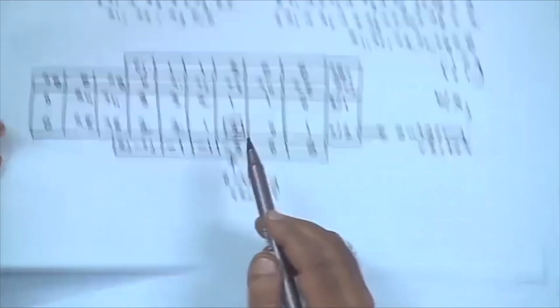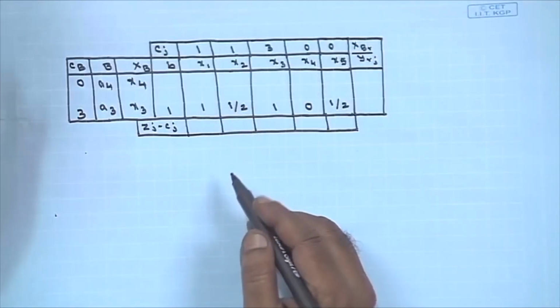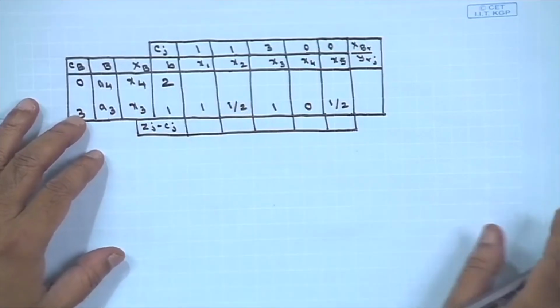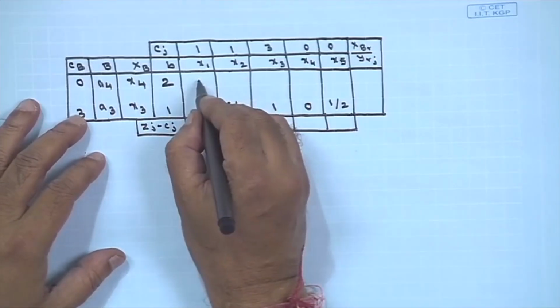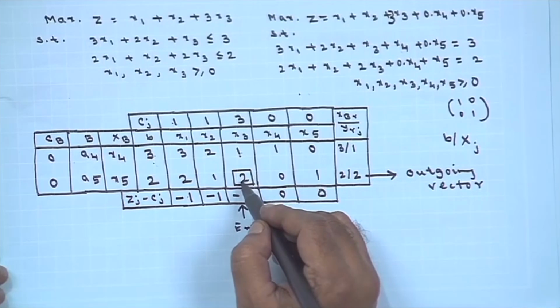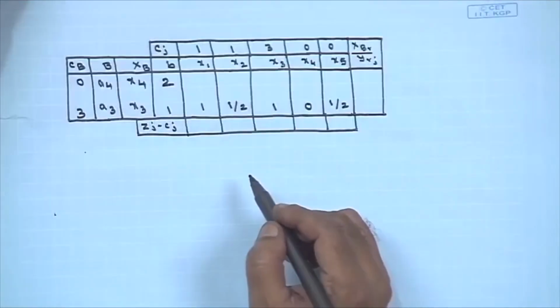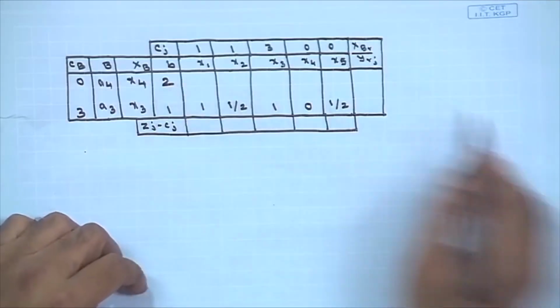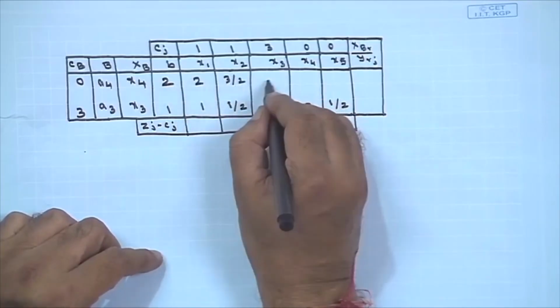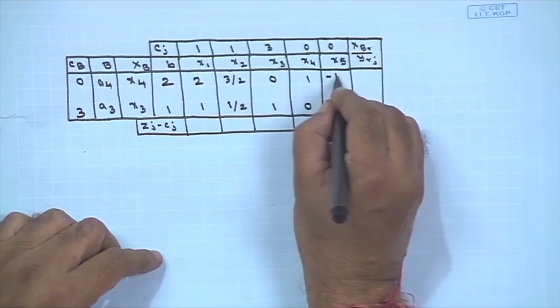So, it will be 1, 3 minus 1. So, this b value will be this, and then all others if I calculate in the same fashion, first row minus second row divided by 2, I will obtain this is 2, x 1 will be 2, this is 3 by 2, 0, 1 and minus half.